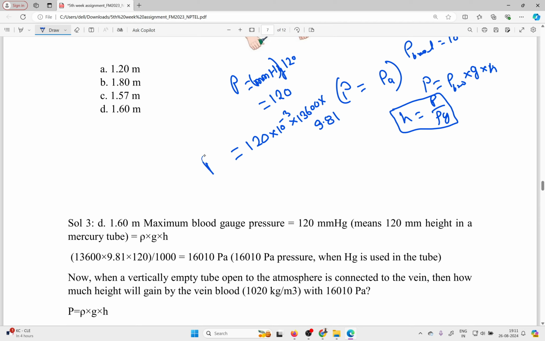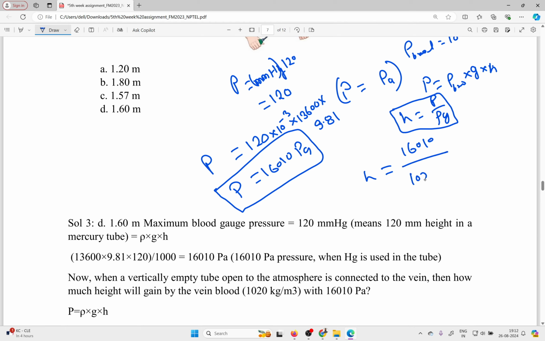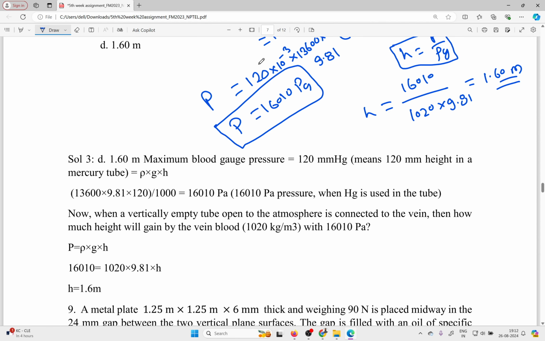So this is the pressure, 16010 Pascal. Now when we put this pressure in the equation, 1020 into 9.81 into Z, you will get 1.660 meter. This is the maximum value.